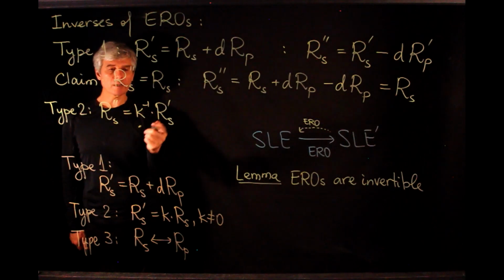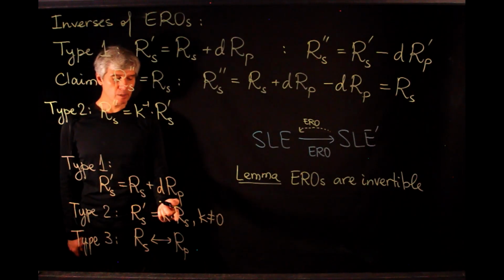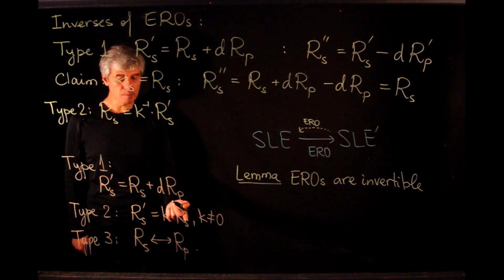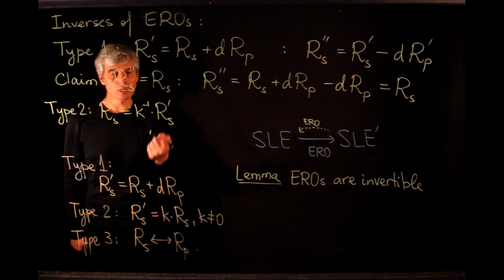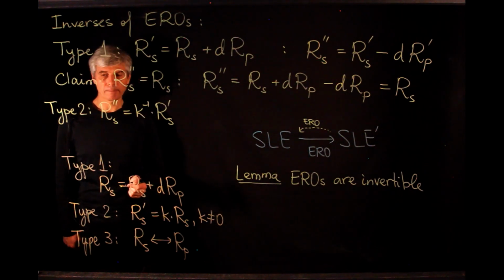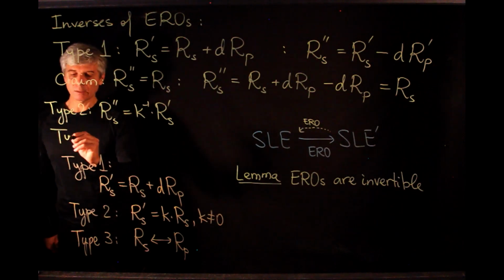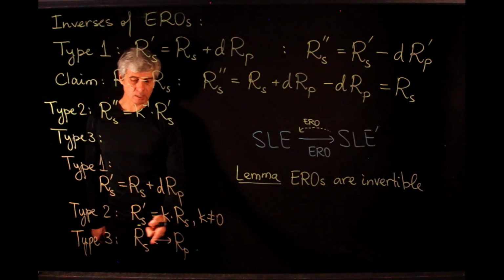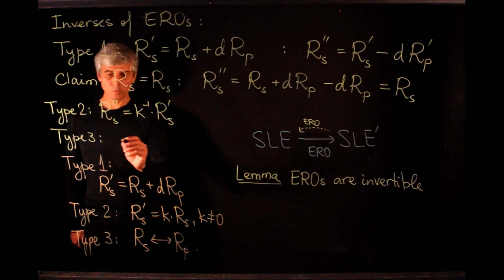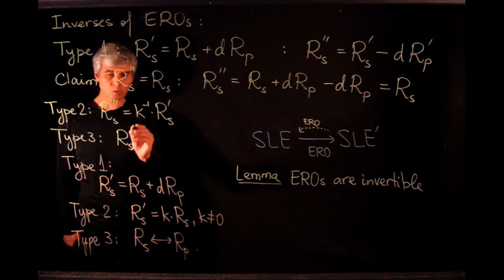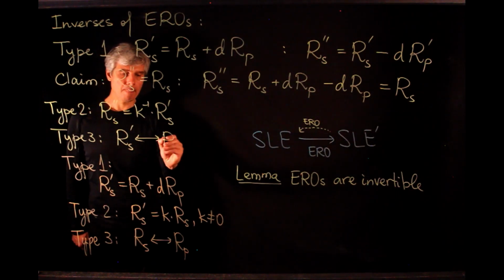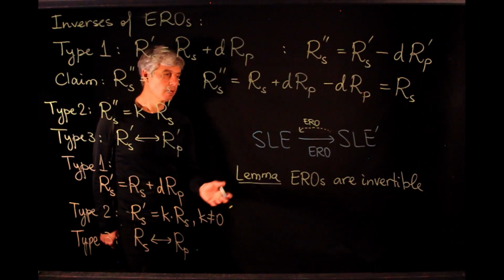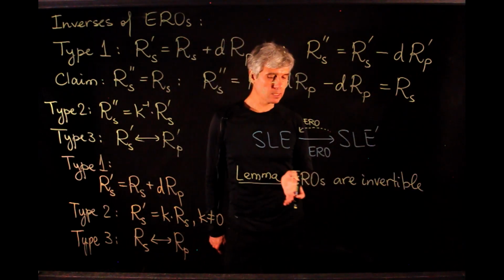And so clearly, if we multiply a row by a non-zero constant k, and then multiply the same row by k inverse, then we will get the original matrix. And for type 3, the answer is also obvious. Here we just interchange two rows, so we interchange these two rows once again, and this will undo the type 3 elementary row operation. And so this proves this very simple lemma.